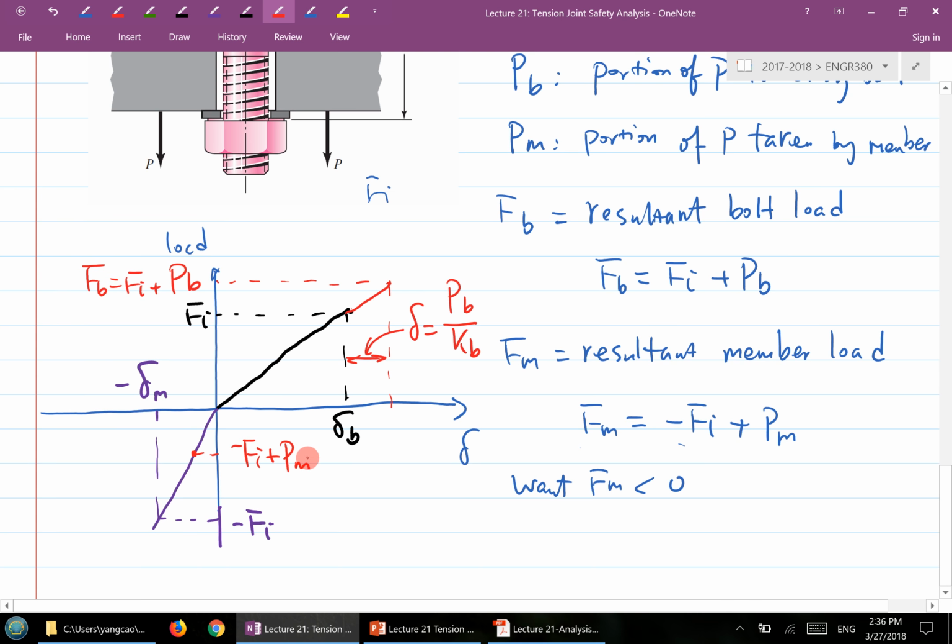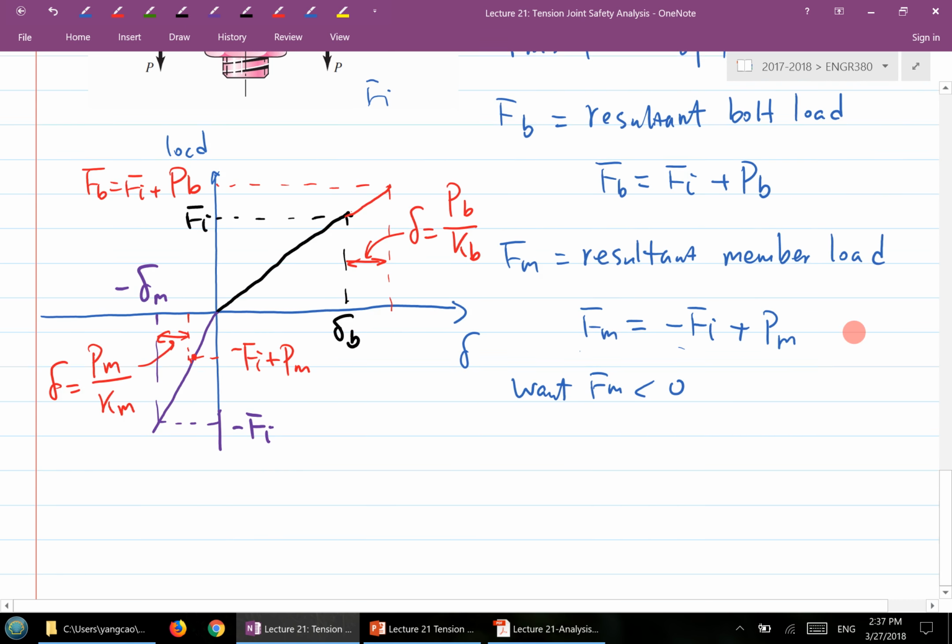So that's also delta, but in terms of the calculation, you can use Pm over Km to calculate, but they should give you the same amount of deflection delta here. Okay? This is basically inherently what's happening at this loaded joint here.